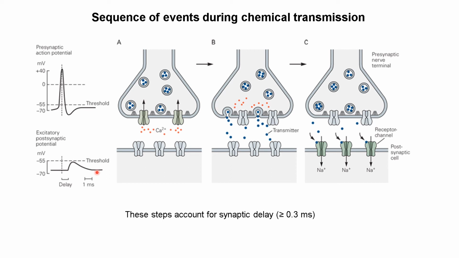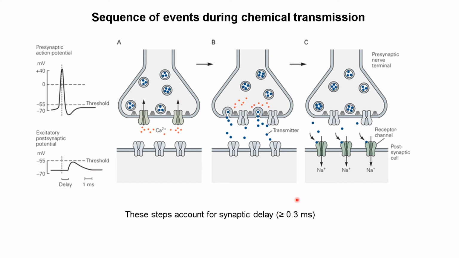This is not instantaneous as in the electrical synapses, where the ions can directly flow from the presynaptic to the postsynaptic neuron. Now we have all of these steps, and therefore after the peak of the presynaptic action potential, there's a delay before we can measure the voltage change in the postsynaptic membrane, and this is what is called synaptic delay.